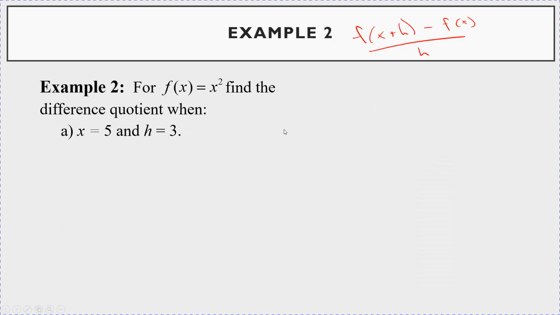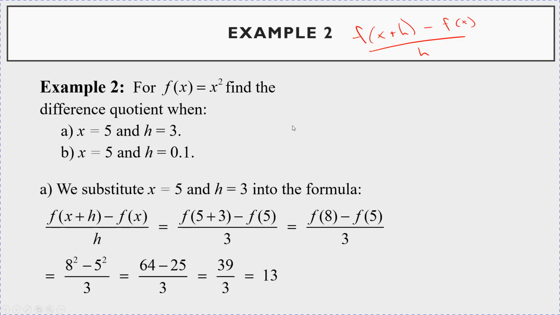We'll do it when x is equal to 5 and h, that delta x, is 3. Then we'll do it when x is equal to 5 but delta x is smaller, just 0.1. So substitute this in: we know what x is and we know what h is, so it's really just plugging in 5 for x and 3 for h.